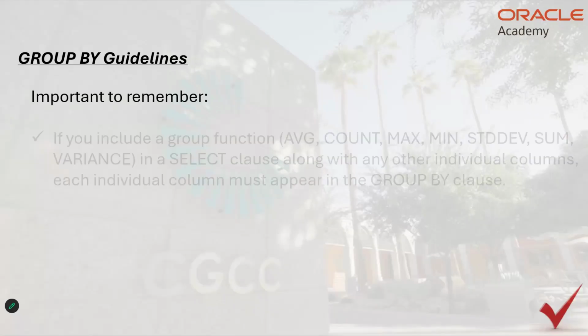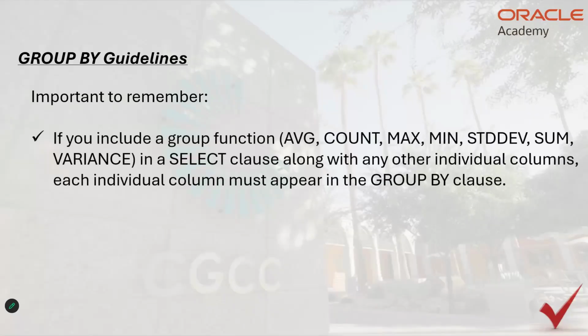All right, there are some guidelines. The big one is group by and the select columns that are included. It is important to remember, if you include a group function in your select statement, average, count, max, all of those, along with any other individual columns, you have to include those columns in the group by clause.